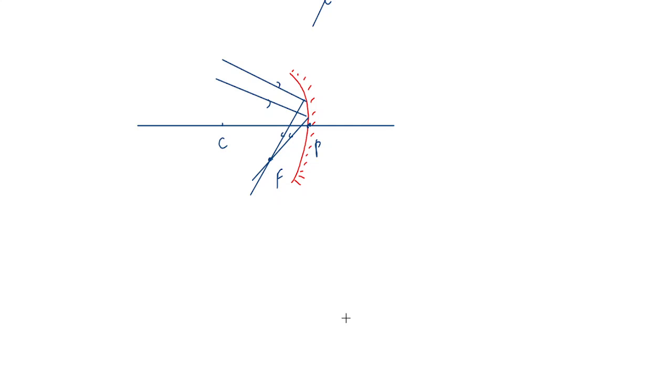Similarly, if you look at light rays from another direction, if you look at a similar kind of concave mirror, and then we look at a principal axis, suppose light rays are falling parallel, but they're falling like this.